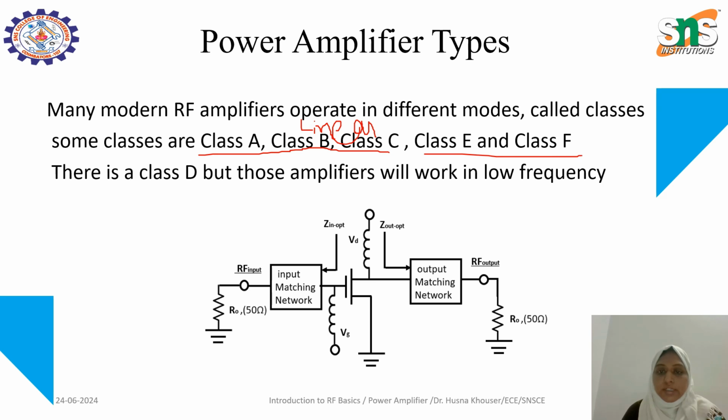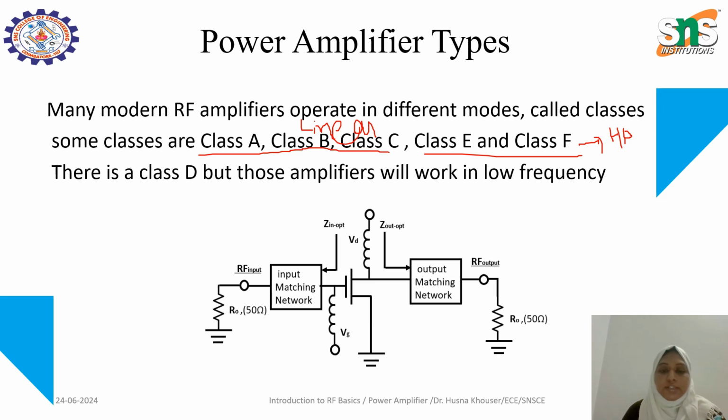For high power, we go for class E and class F. Based on this classification, whether we need low power or high power, we can take which type of amplifier will be suited for us. We will not discuss class D, because class D works at low frequency only.